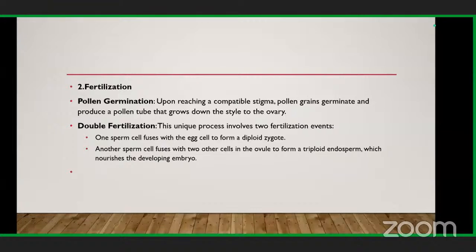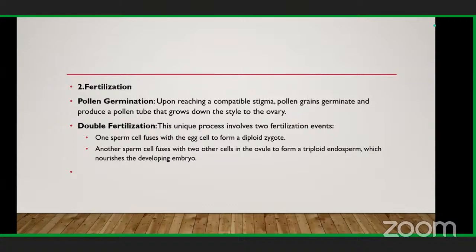Many pollens of different flowers can land on that pistil. But do all those pollens germinate? The question is whether all the pollens are able to germinate on the stigma. The answer is no. All pollens can't germinate.